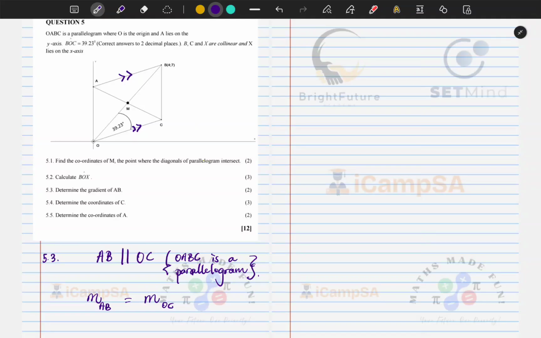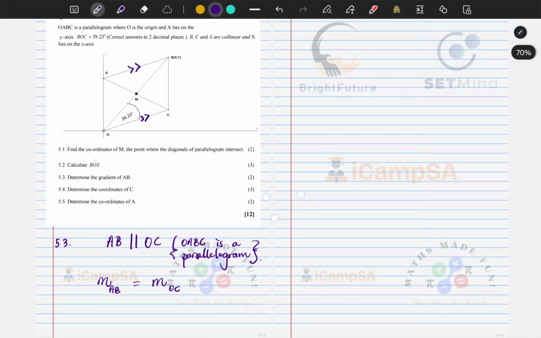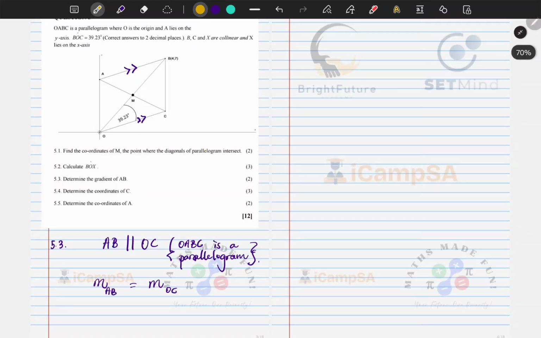So we have to use angles to find the gradient. And the simplest equation that we can use to find the gradient using an angle is tan theta equals m, right?